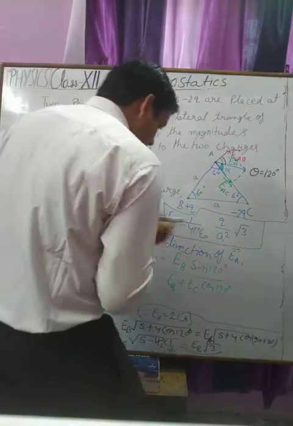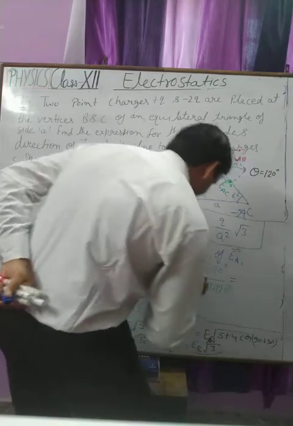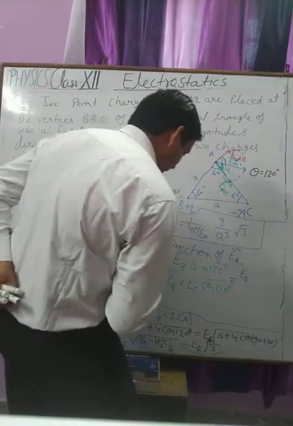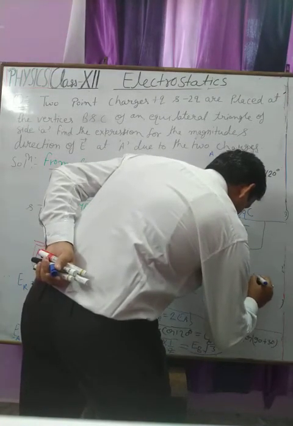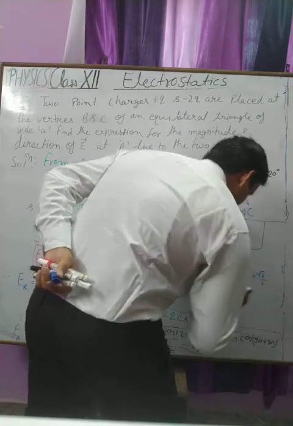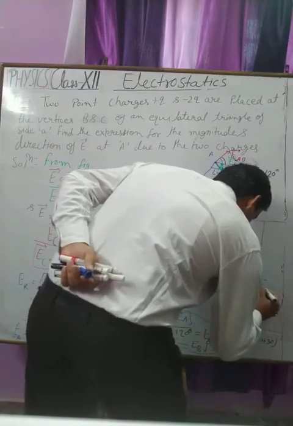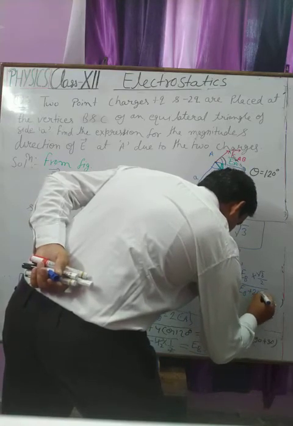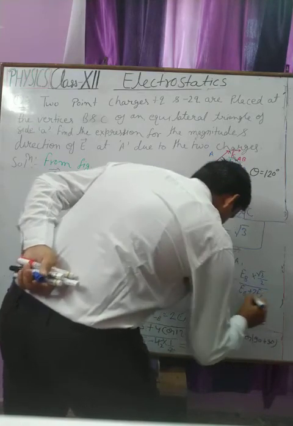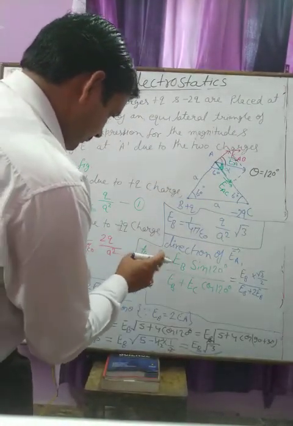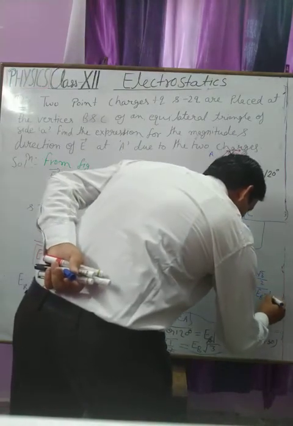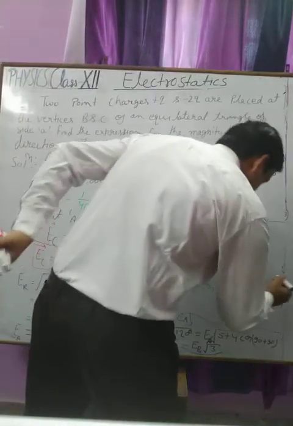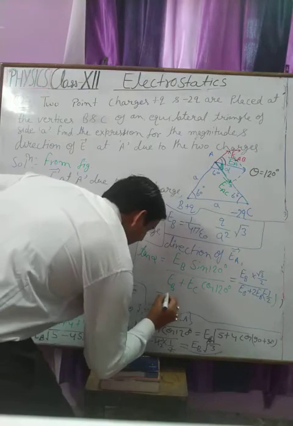So student, when we solve this, we get EB into root 3 by 2 upon EB plus 2EB into minus 1 by 2.